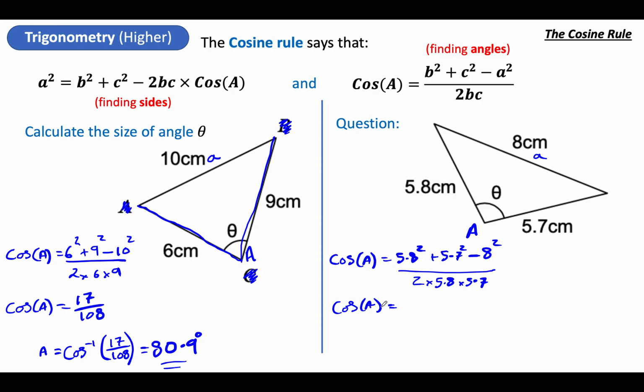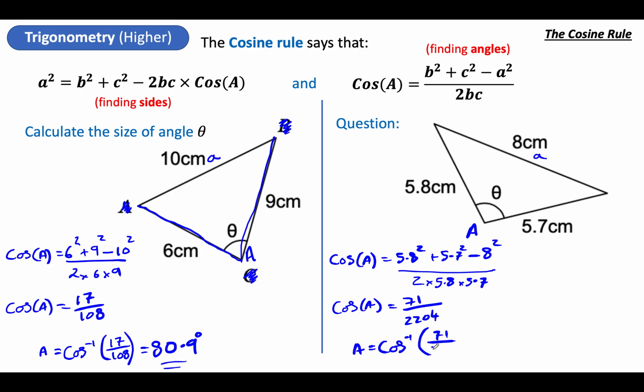Right, 5.8 squared, 5.7 squared. Let's go. Oh, I've got another fraction again. Well, that's fine. I like working with fractions, but you could use the decimal if you wanted to. 71 over 2204. The fraction's nice and accurate, isn't it? Then remember, that's not my answer, because I need to inverse cos to get my answer.